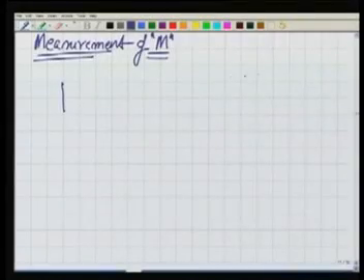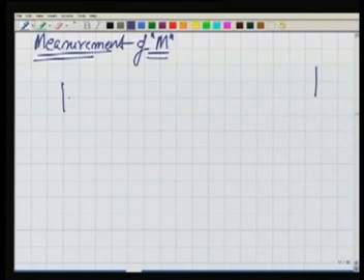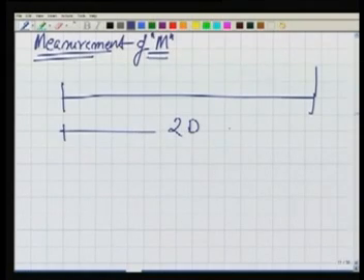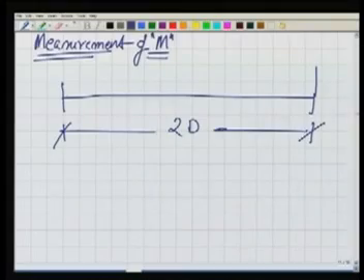For measuring m, let us see what the m is. We have seen it before. If it is 2D distance, 2D means we are unfolding it. If that is my transmitter, that is the reflector. The wave starts from the transmitter, goes to the reflector, and then it again goes to the receiver.